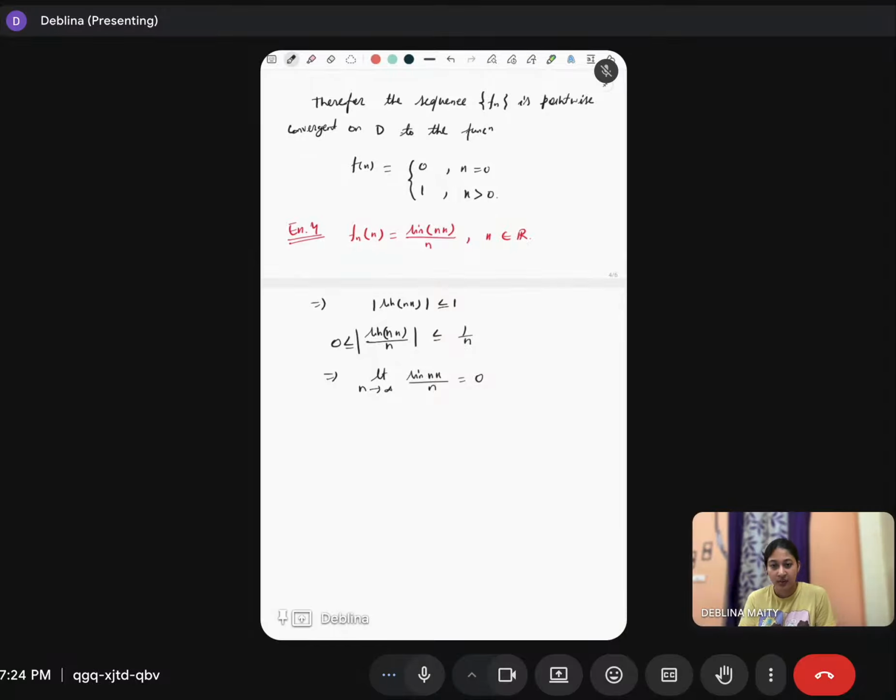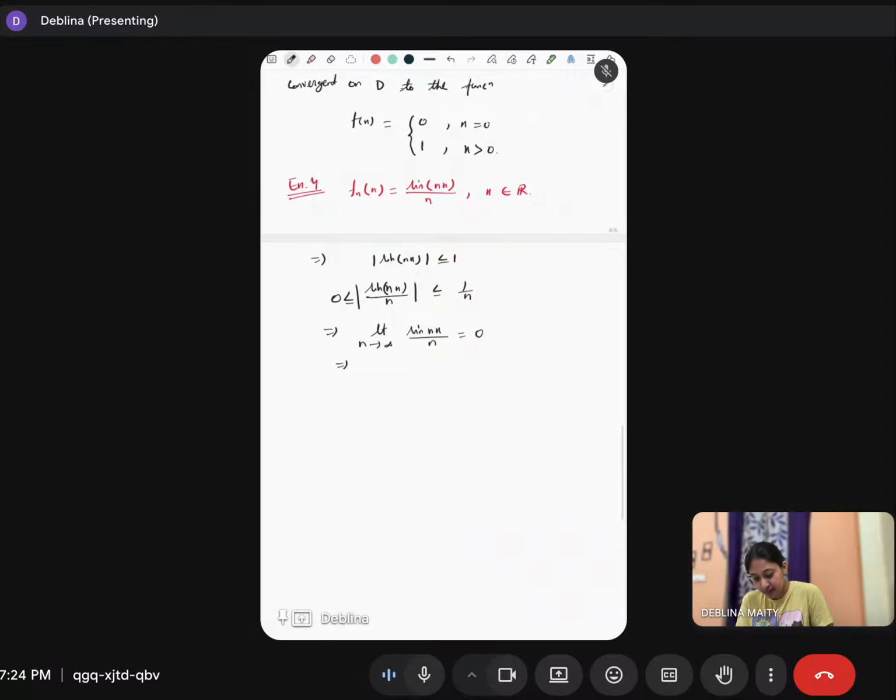So this implies the limit as n goes to infinity of f_n(x) is 0 for each x belongs to R. This limit is not depending upon x. For each x, this is going to be 0.